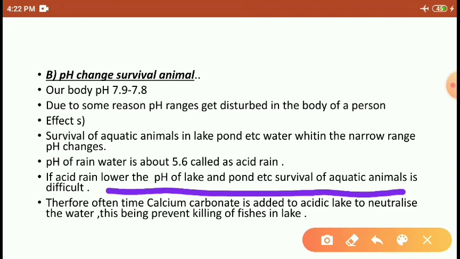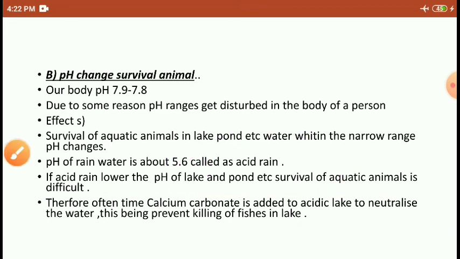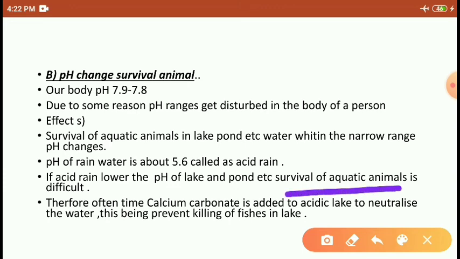When acid rain falls down, it mixes with the pond water or river water, and then the pH of the lake and pond water decreases. If pH decreases, it means the water is more acidic, so it is very difficult for aquatic animals to survive in the water.